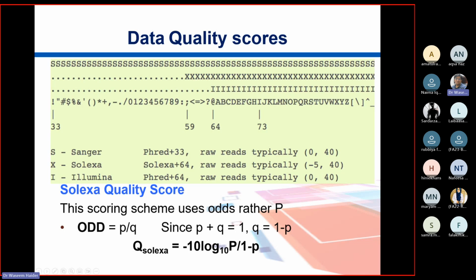So if we start with something like 33, if you take -5 and add 33 to it, the actual number becomes 27. So that 27 is again not visible. So what they did was they added this number 64, and when you add 64 to -5, it becomes 59. So they started from here, this sign of the semicolon onwards.